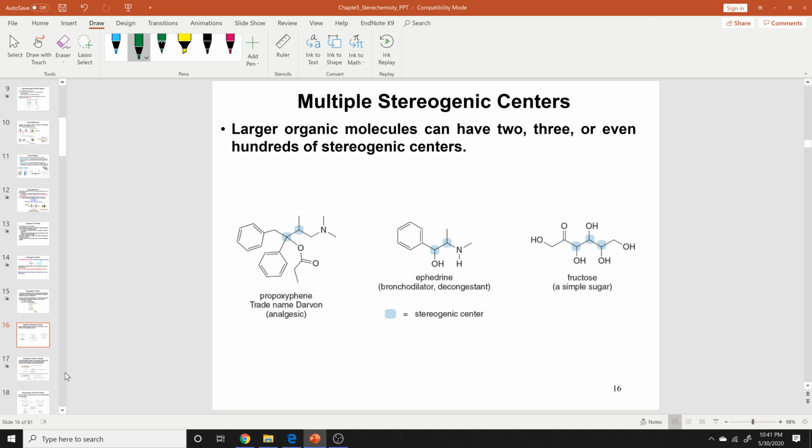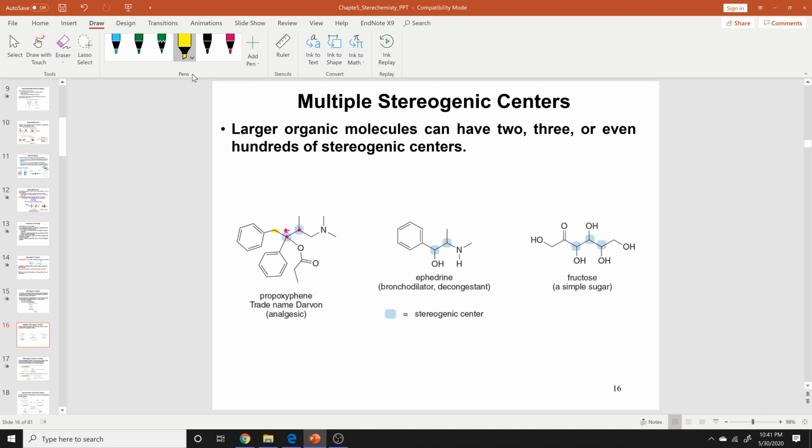Let's have an example. So we have larger molecules. It doesn't matter what the molecule looks like, big, small. If you know the rule, a chiral center is a center that is surrounded by 4 different groups. So here, for this carbon, I have a group.